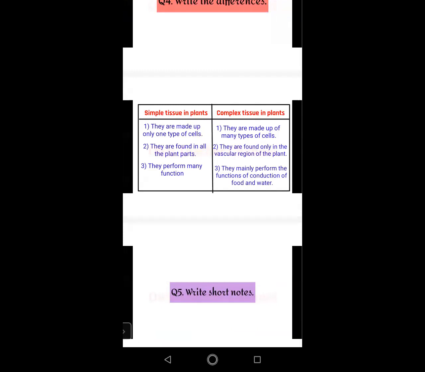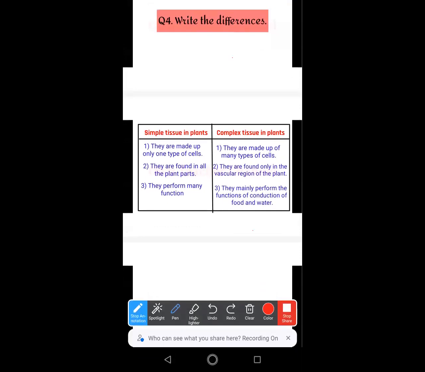The opposite: complex tissues mainly perform the function of conduction of food and water. They have only two works, conduction of food and water. So please note down this answer also in your notebook.